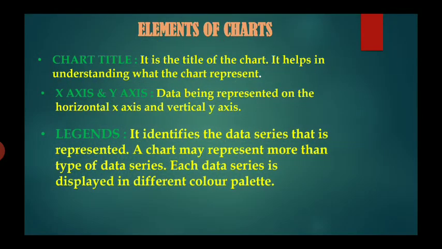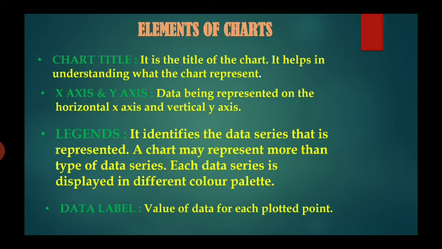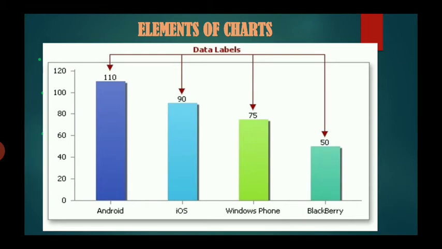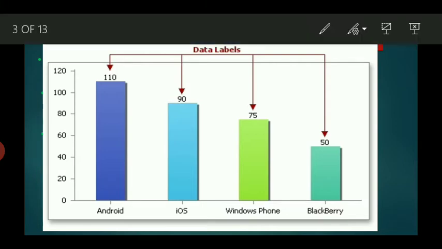The next element is data label. It shows the value of data for each plotted point. You can see in the picture the different brand names: Android, Apple, Windows Phone and BlackBerry. The data label is exactly telling how many phones are sold in the particular month.